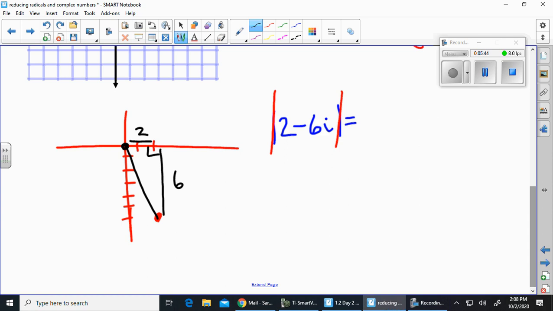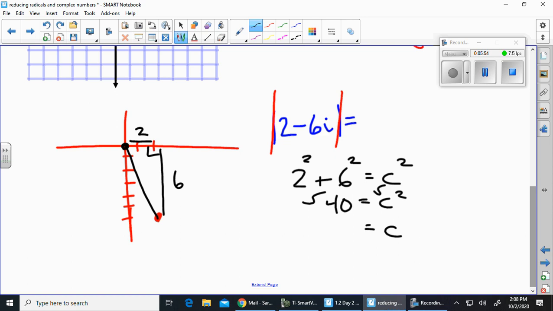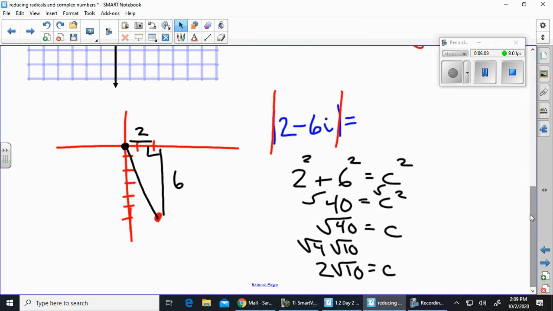There's your right angle. 2 squared plus 6 squared equals c squared. Well, that gives me 40. Square root both sides. It's radical 40. I don't want 6 point blah blah blah. I want, that is radical 4 times radical 10. That is 2 radical 10. So hopefully that helps.